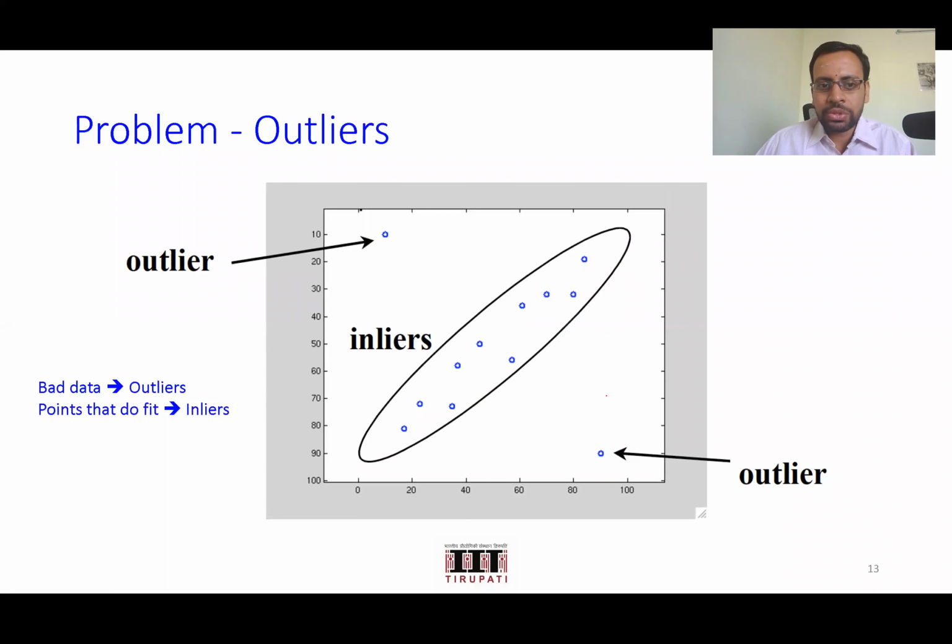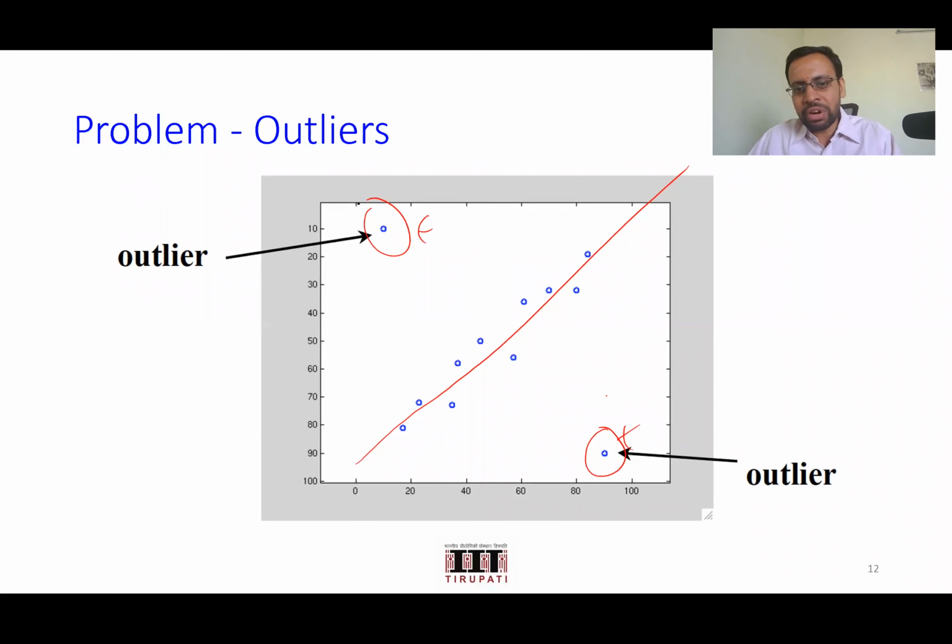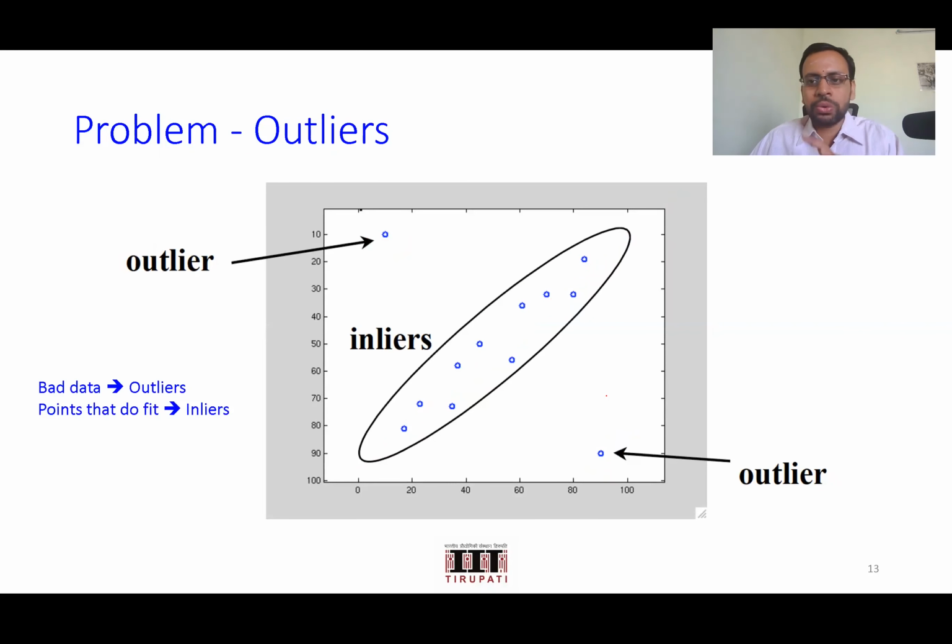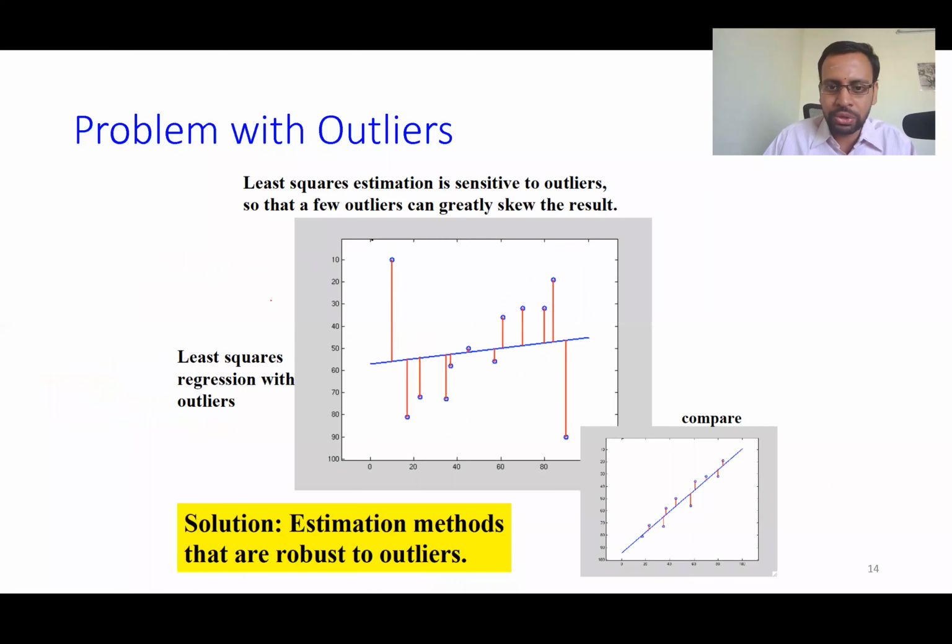Inherently, what we are doing here is first segregating or classifying which are inliers and which are outliers. In layman's words, outliers are bad data. Maybe your correspondence got mapped to a wrong thing, or there is noise there. Points that do fit are inliers. Once you compute that, you could then nicely fit a line like this.